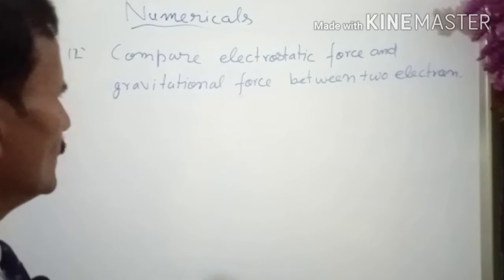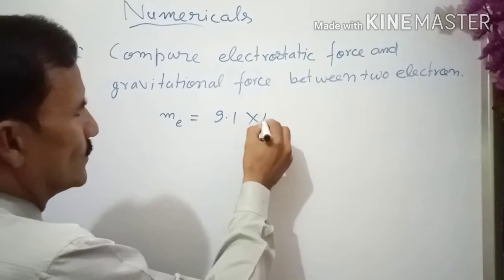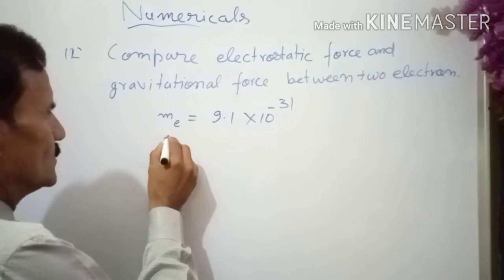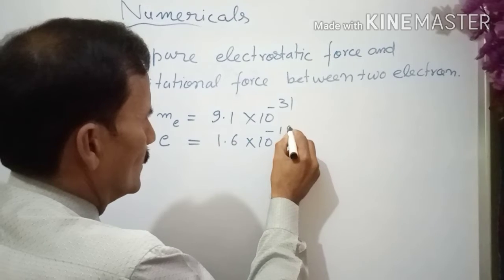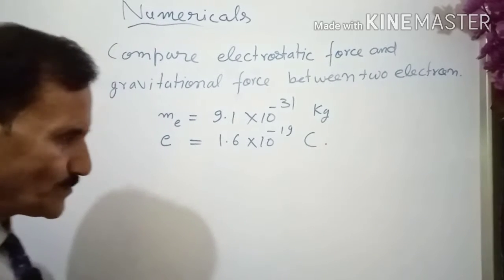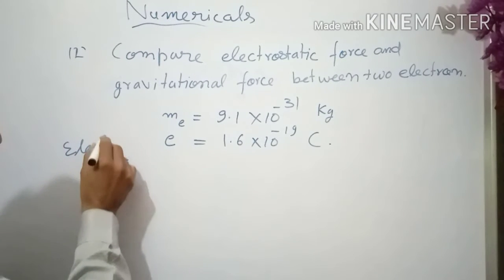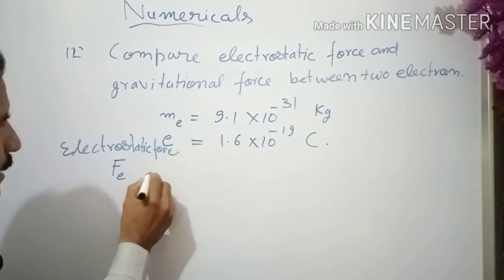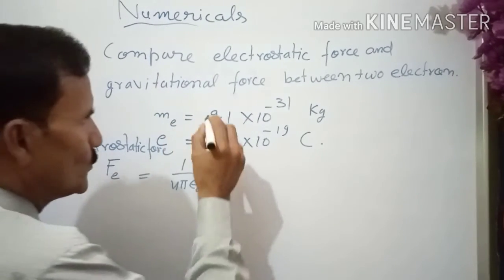So how can you see? You know, the mass of the electron is 9.1 into 10 to the power minus 31 kg, and the charge on the electron is 1.6 into 10 to the power minus 19 coulombs. Now let us calculate Fe, the electrostatic force. Fe is 1 upon 4 pi epsilon naught into Q1 Q2.